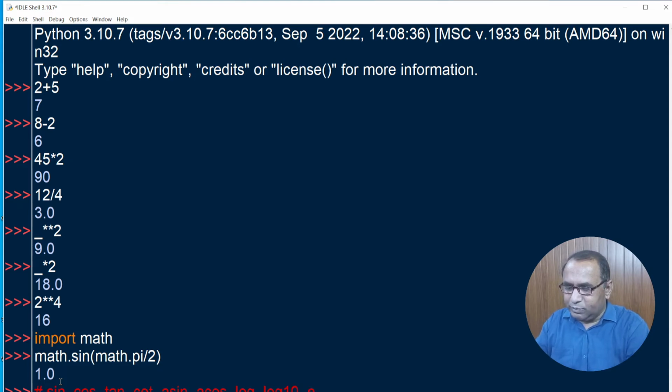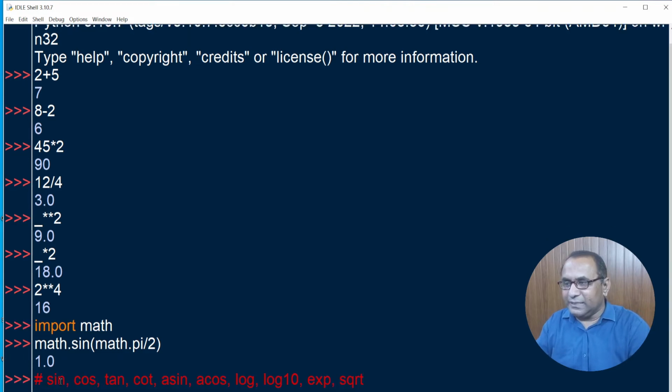Then we have the exponential function and square root if you want to take the square root. All these functions lie in the math module.